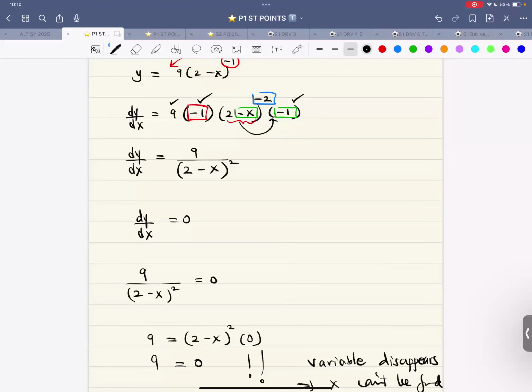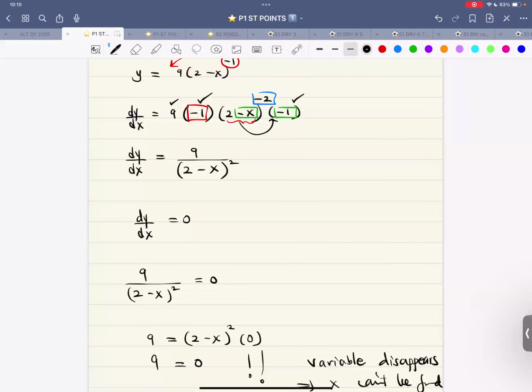So in this context, there is no stationary point. So all good, all clear. Just acknowledge this thing.